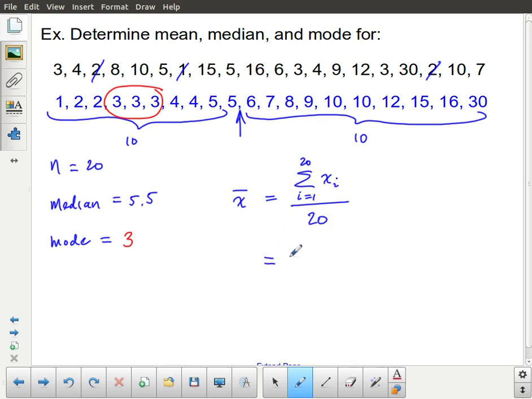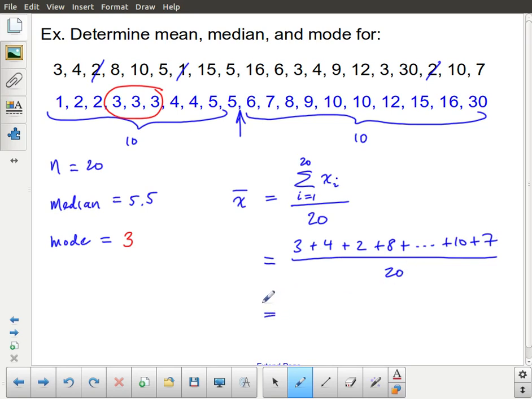Or another way to put this is I'm basically taking all of the data. So 3 plus 4 plus 2 plus 8 plus, and I'm not going to write out all 20 pieces of data again, and then the last couple of pieces plus 10 plus 7. I would add all of those up and I would divide by 20.